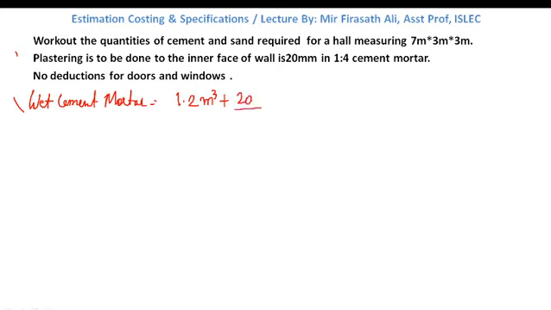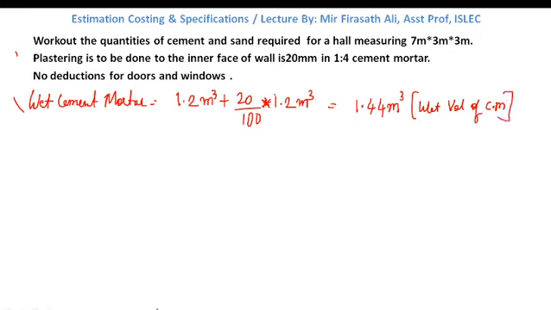So 1.2 meter cube plus 20 by 100 into 1.2 meter cube. The final wet volume of cement mortar will be 1.44 meter cube.